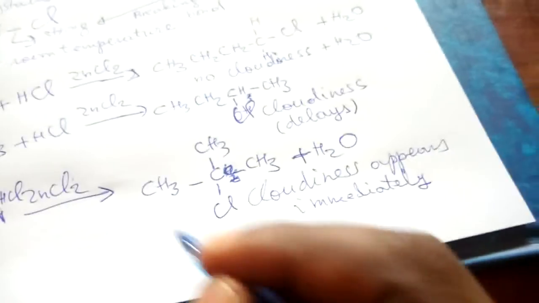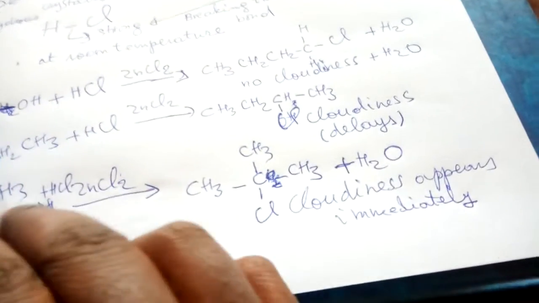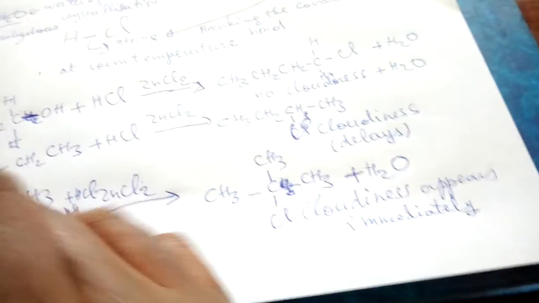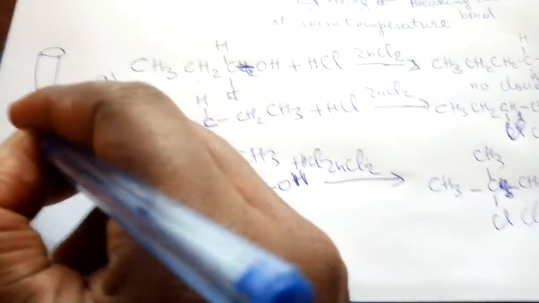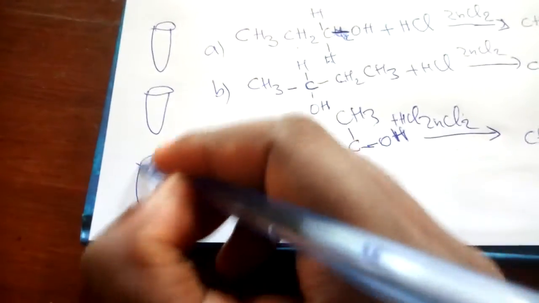What we want to say here is that if we have, for example, test tubes, in the first test tube there is an alcohol, in the second test tube there is another alcohol, and in the third one there is an alcohol.